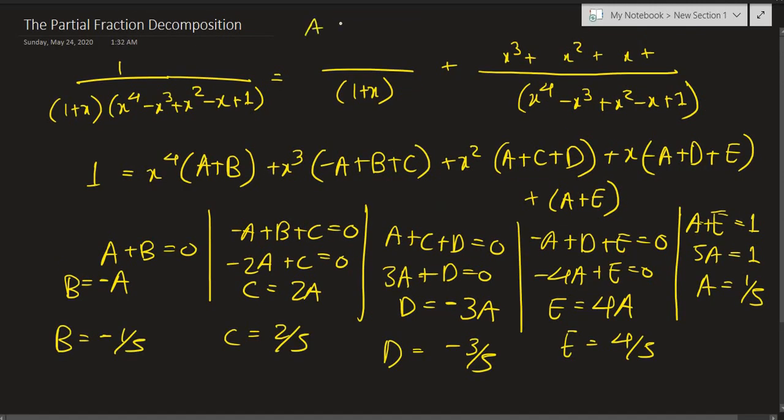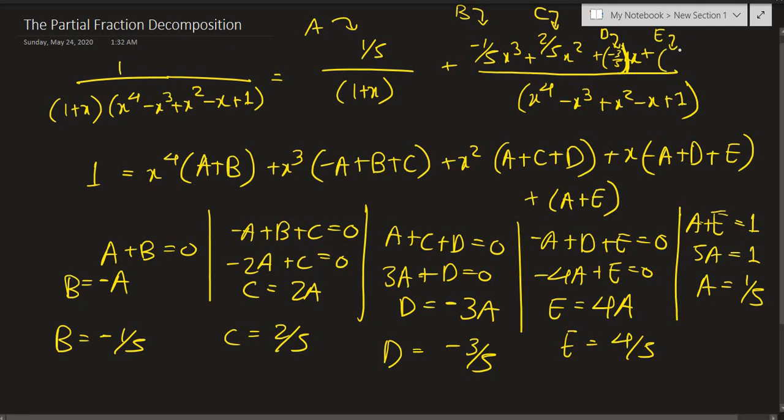So in our original partial fraction decomposition, we had A here, B here, C here, D here, and E at the end. Let's make the substitution. A is 1 over 5, B is negative 1 over 5, C is 2 over 5, D is negative 3 over 5, and E is 4 over 5.